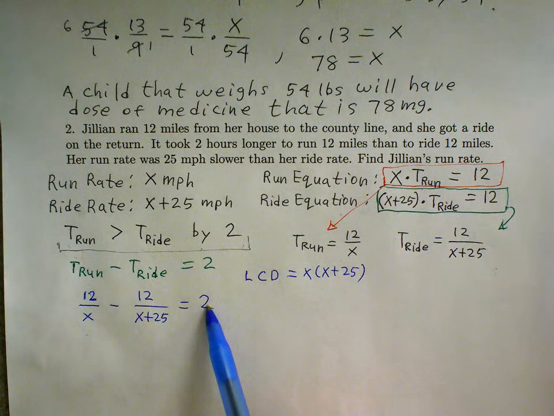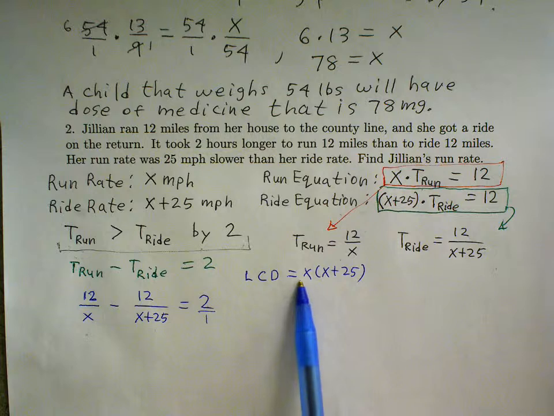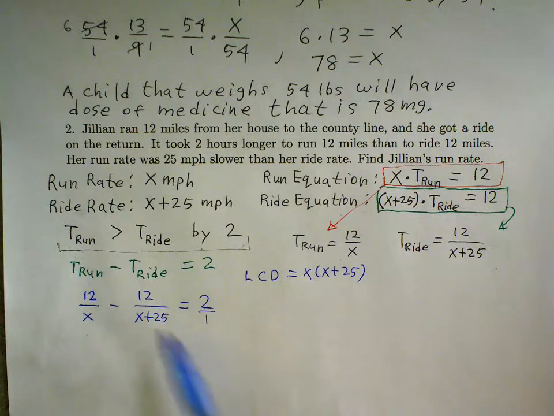And 2 is 2 over 1. So even though we normally don't write it, the denominator is 1. Okay, the next step is to multiply every term on both sides by the least common denominator.